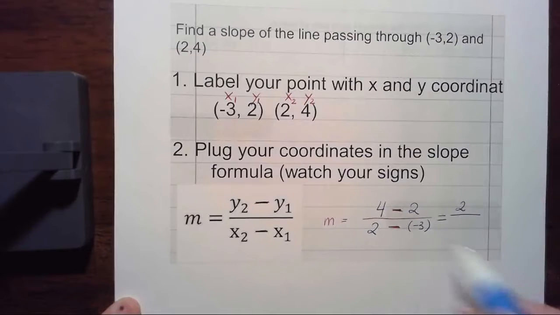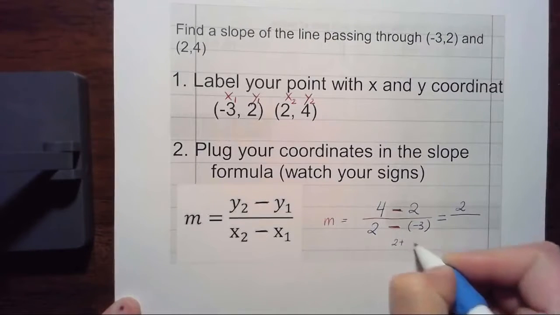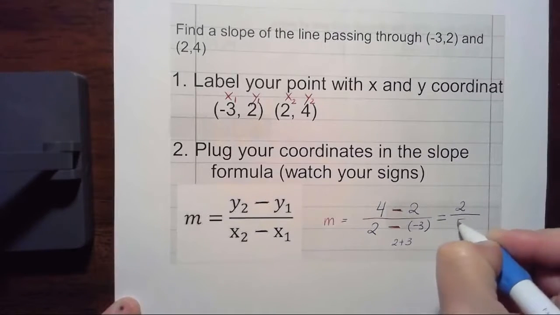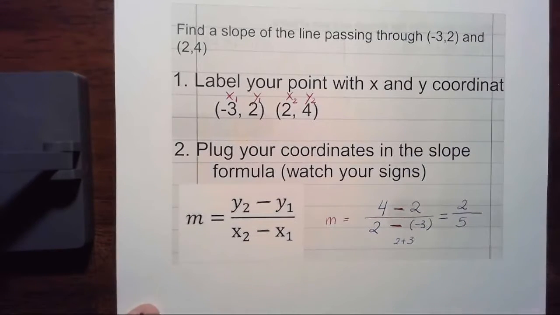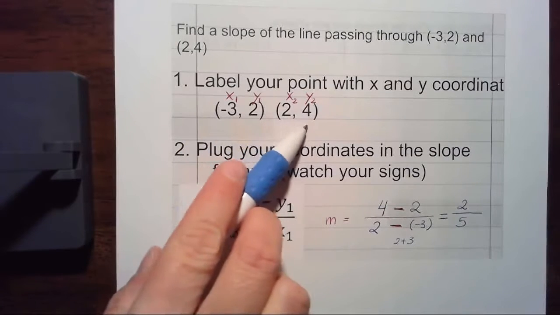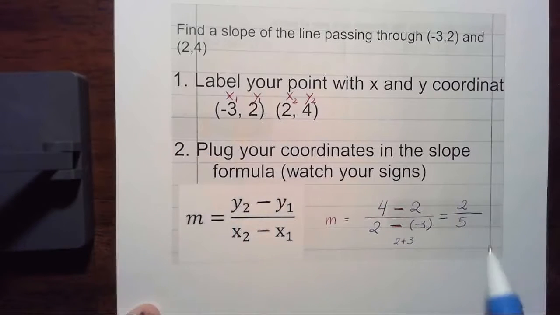Now 2 minus -3, that's 2 plus 3 really, which is 5. I don't have to worry about the sign or anything at this point because all the signs are taken care of within my coordinates. So I just have to do my simple math, remembering those two negatives.